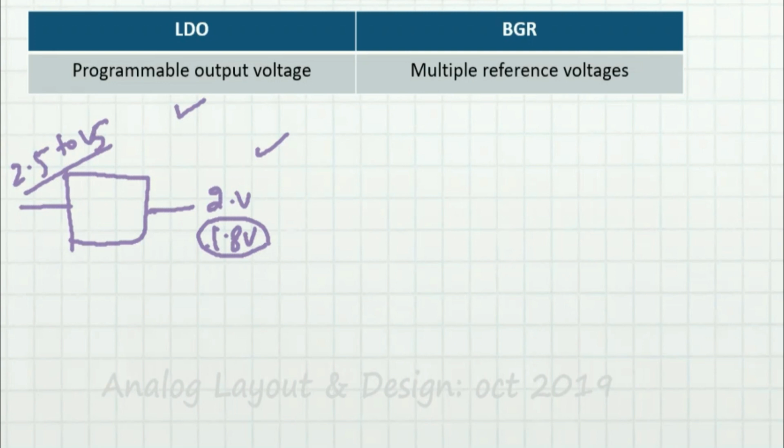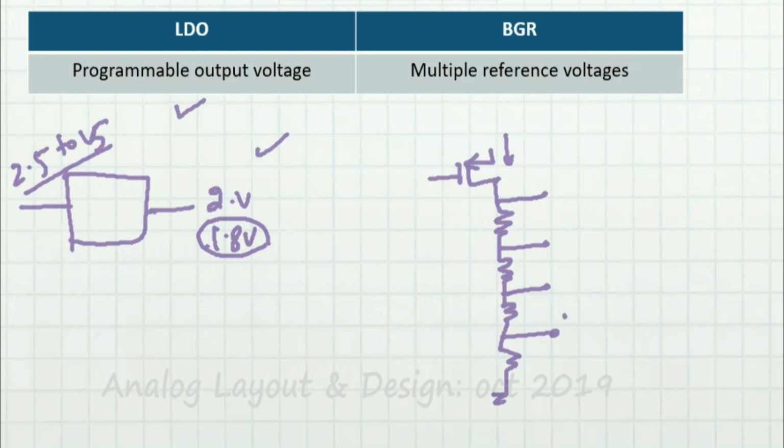What about BGR? BGR also can give multiple reference voltages. Sometimes what they will do is they will have a resistor divider in the final stage like this, and they will have multiple taps. They will have some zero TAT current or something like this.